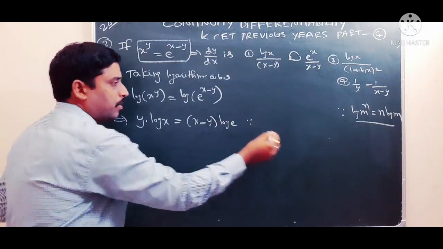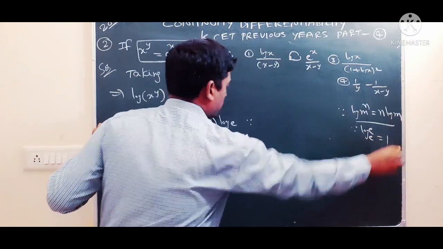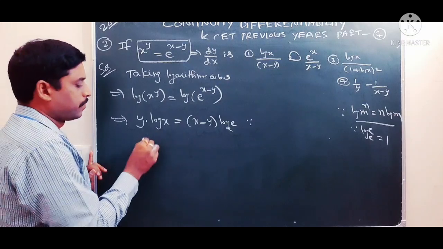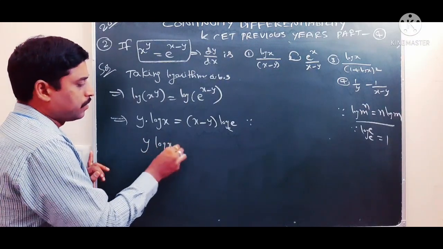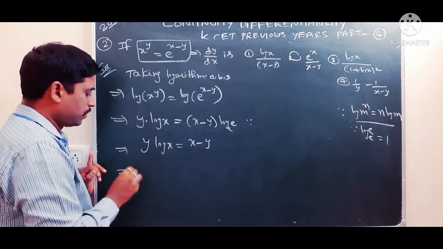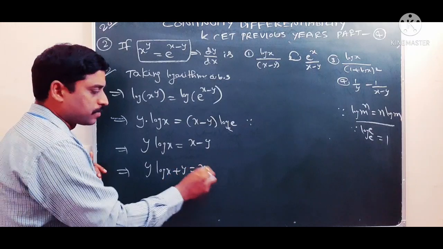But log e value is 1, log e means base e, this is 1. So y log x is equal to x minus y. This minus y, bring to the left side. Then y log x plus y is equal to x.